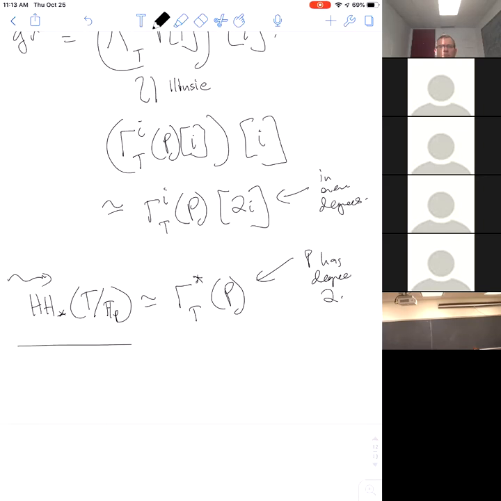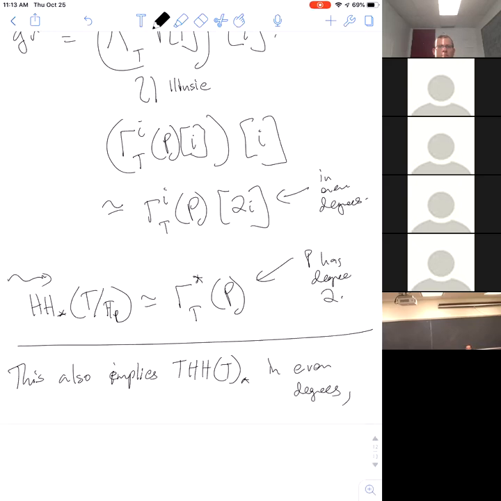So you get this really nice fact that Hochschild homology is in even degrees, and this also implies, for formal reasons, by the Bockstein spectral sequence, that THH of T is even.